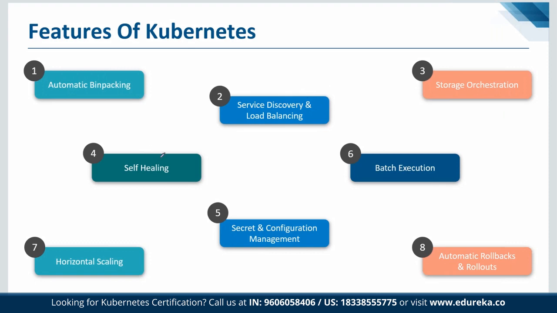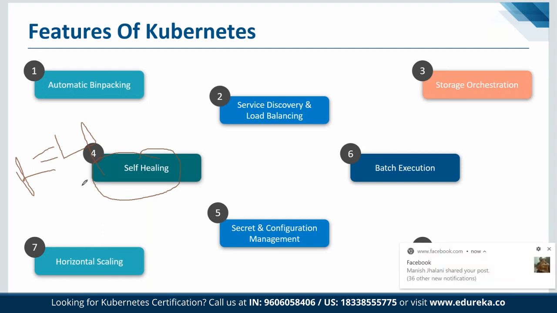Self-healing: if a container dies, another container will be spun up. For example, if you set a replica of 4, your orchestration engine will make sure that your replica count will always be 4. Let's say you have 5 virtual machines running five containers, and because of any reason one virtual machine goes down, then the other virtual machines will take the load.